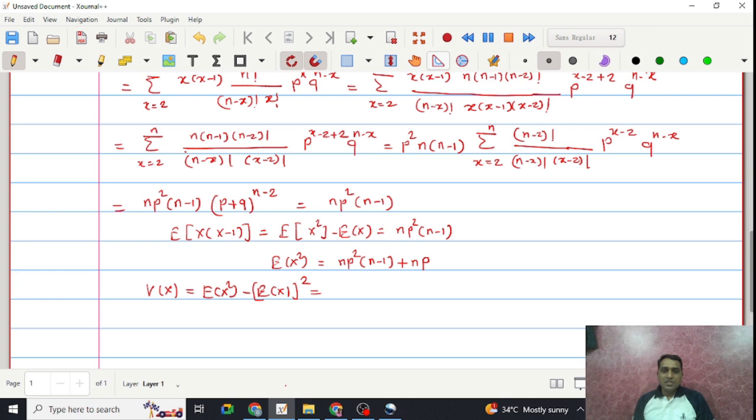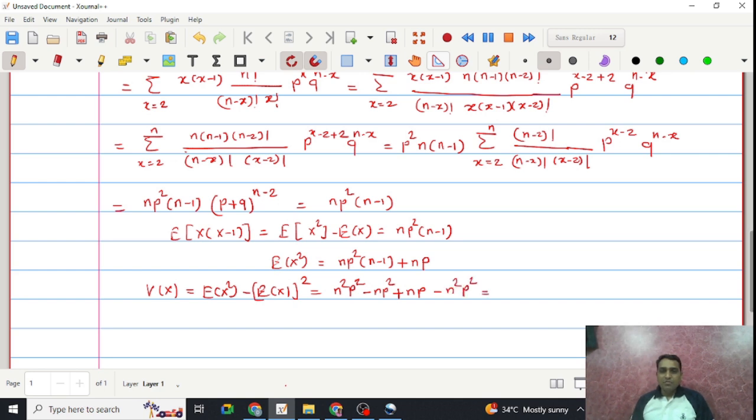I multiply inside, so you will get n square p square minus np square plus np, and minus expectation of x whole square, which is n square p square.